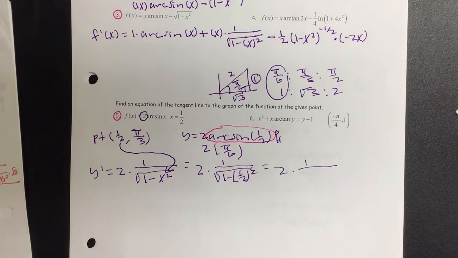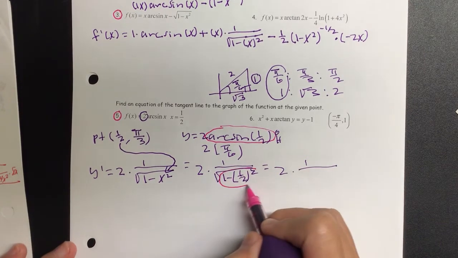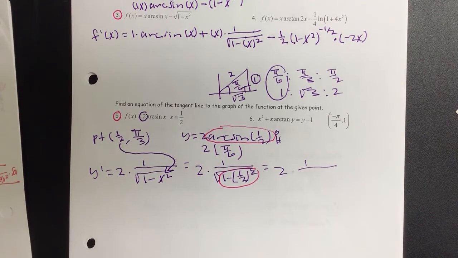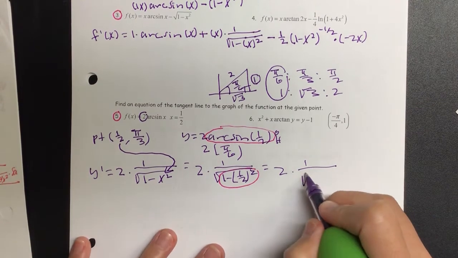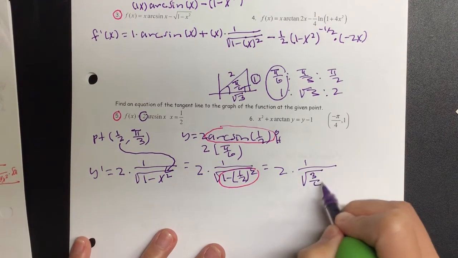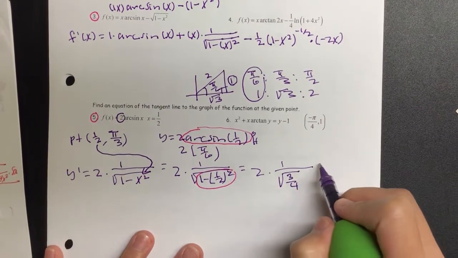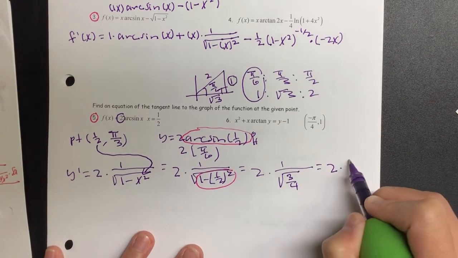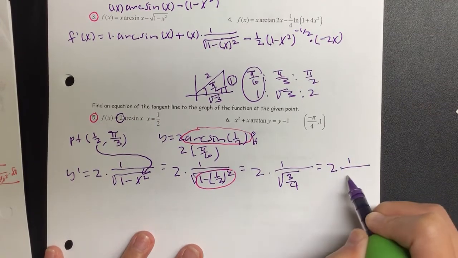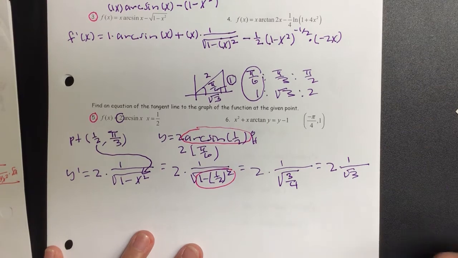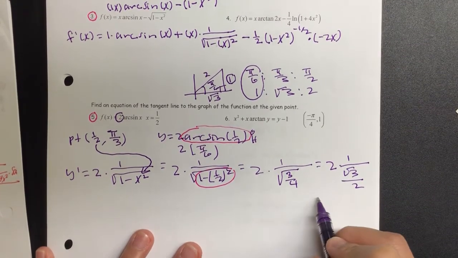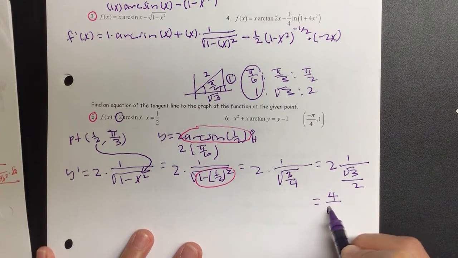What would all of this give us? What is 1 minus 1/4? 4 over 3. No, 3 over 4. 3 over 4. And we can even further go on and say 2 times 1 over the radical 3 over 4. But then if I take radical 4, that's going to give us 2. And when you multiply by the reciprocal, that's going to give us 4 over root 3.